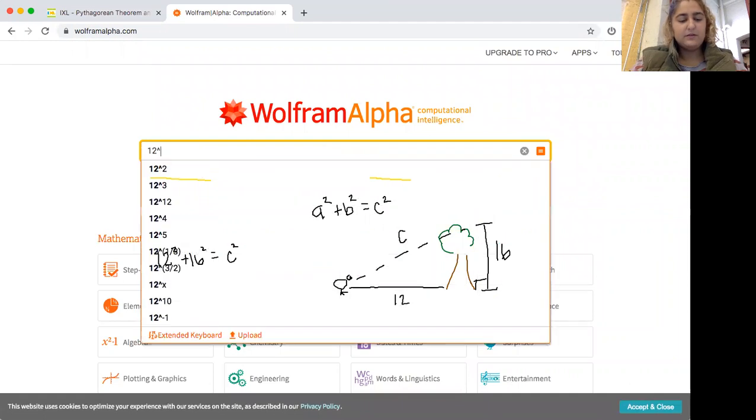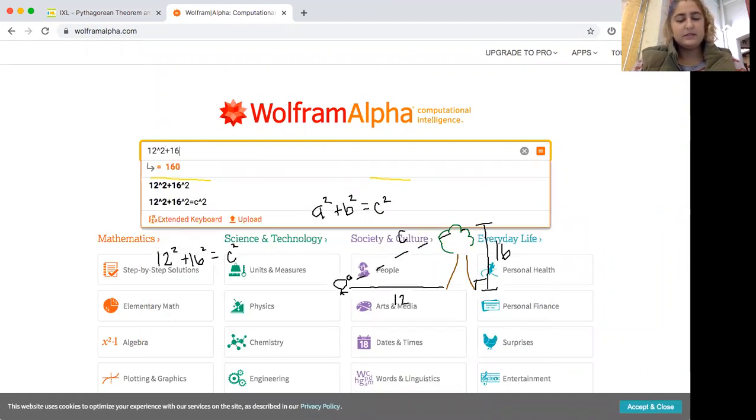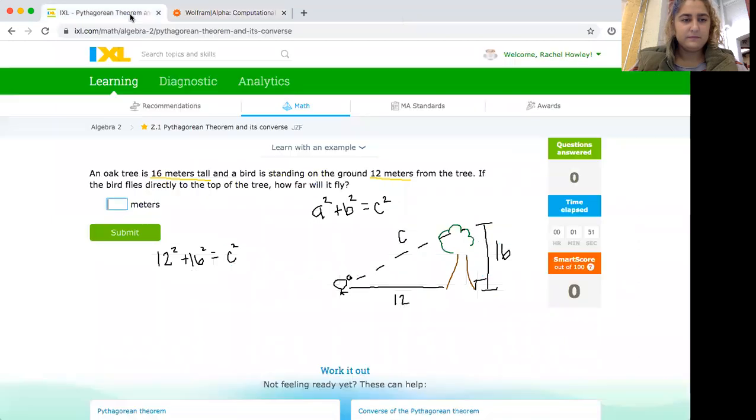So I get 12 squared plus 16 squared, that's 400. I end up with 400 equals c squared. Well, the square root of 400 is 20. So my answer for this hypotenuse side c is 20 meters.